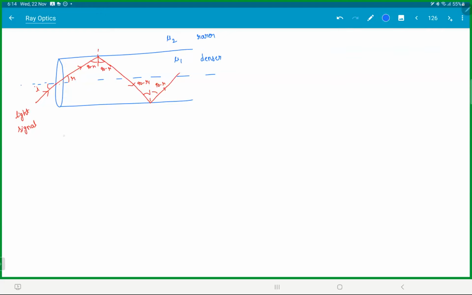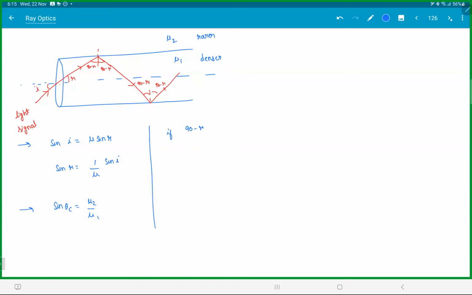So here from Snell's law, sin I is equal to mu sin R. We get sin R is equal to 1 by mu sin I. And we also know, so this is 1. Sin theta critical is mu2 by mu1.